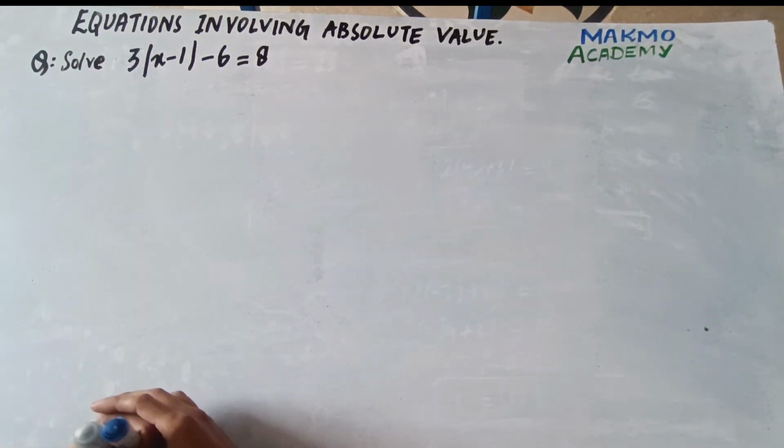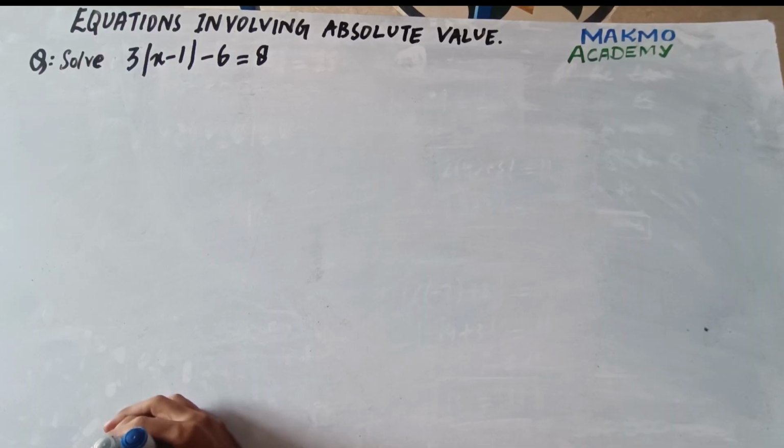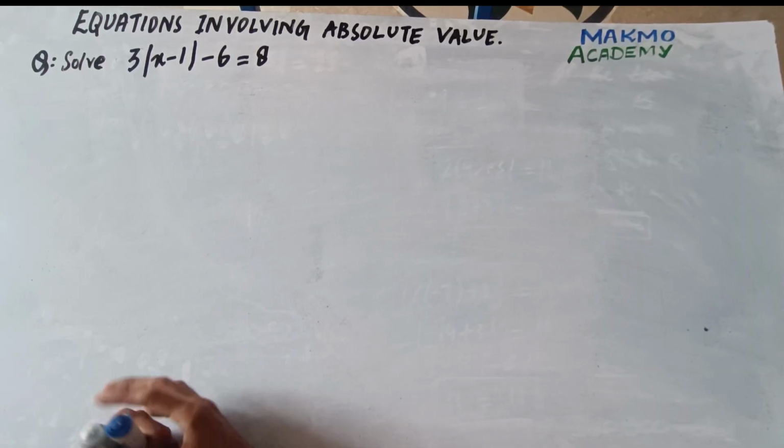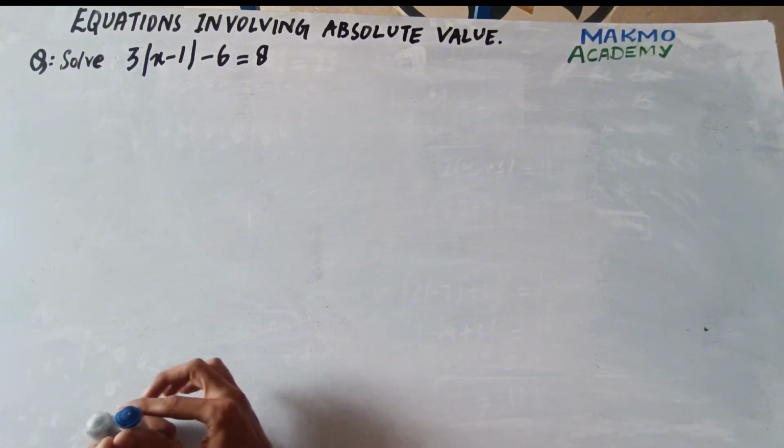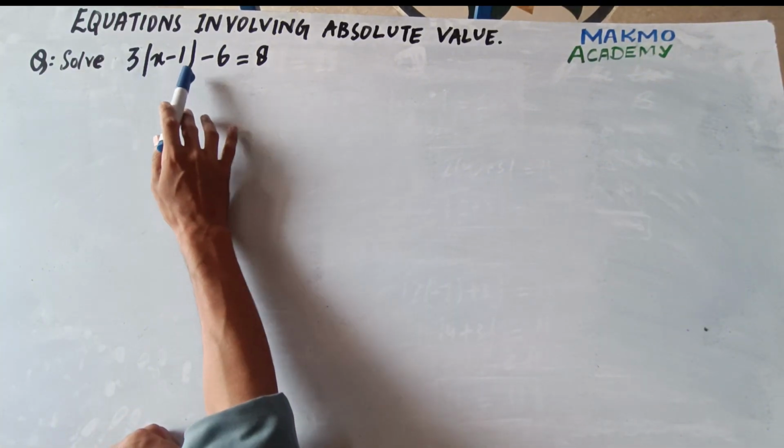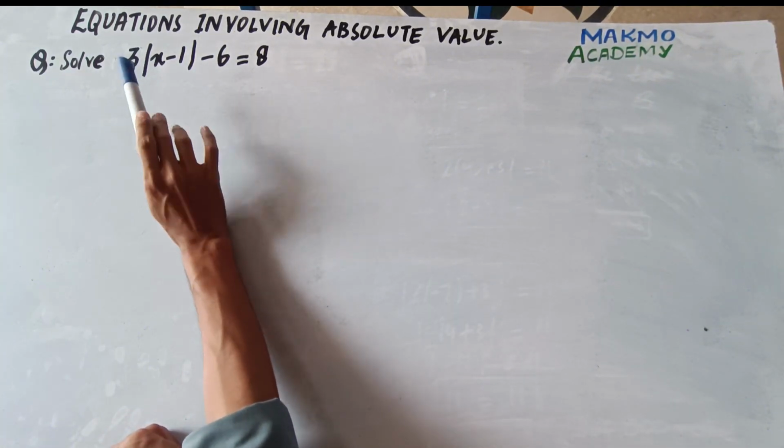Alright, now we have another example. It is written 3|x - 1| - 6 = 8. But in this equation, with the modulus symbol or absolute value, we have some other values as well.